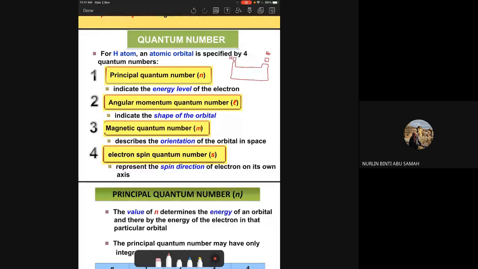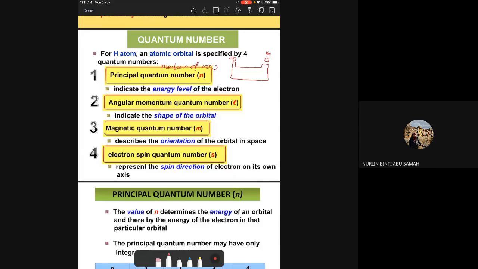Okay, periodic table, kalau kamu nak identify the quantum number, principal quantum number n, dia sebenarnya number of row in periodic table. Okay.